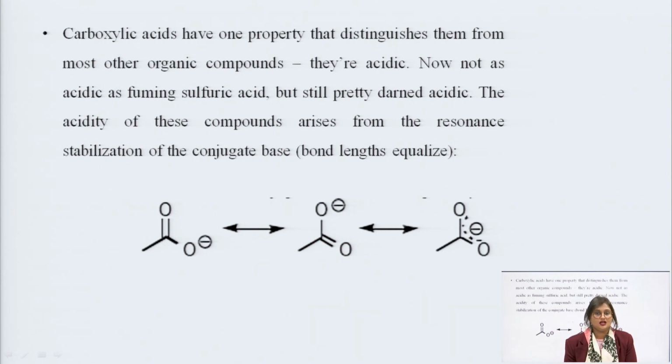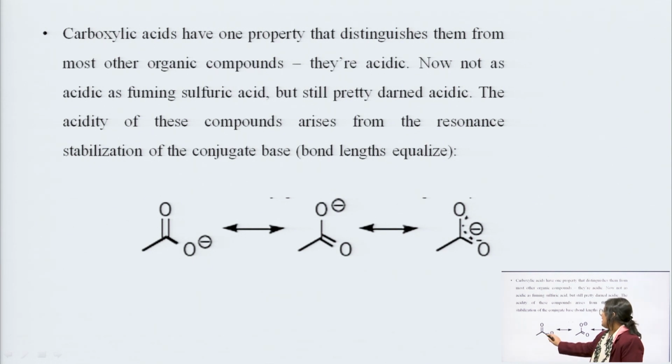Next, carboxylic acids have one property that distinguishes them from most other organic compounds. They are acidic. Now, not as acidic as fuming sulfuric acid, but still pretty acidic. The acidity of this compound arises from the resonance stabilization of the conjugate base. So, these acids form a conjugate base that is resonance stabilized.